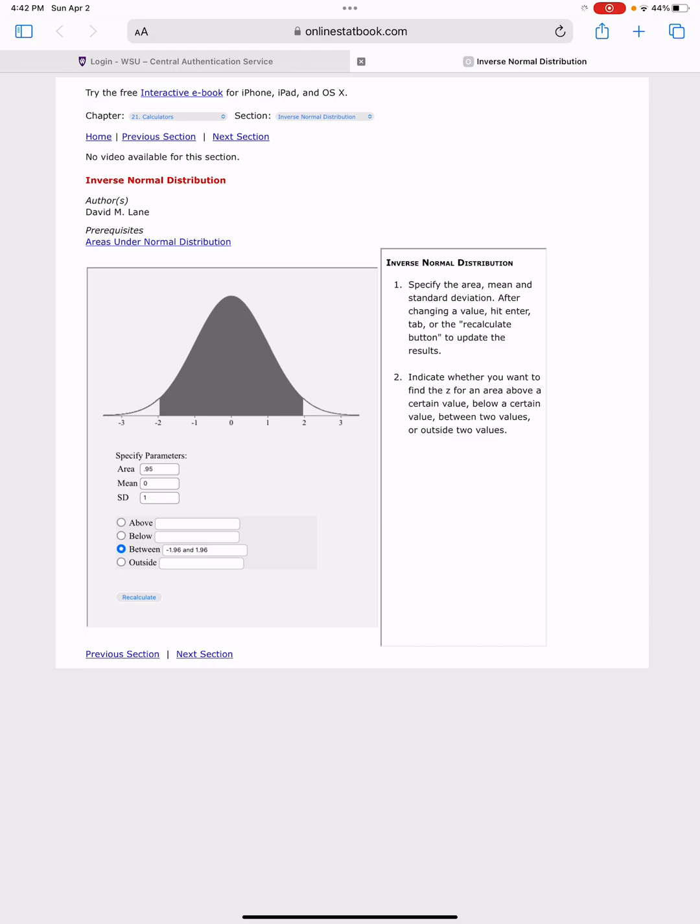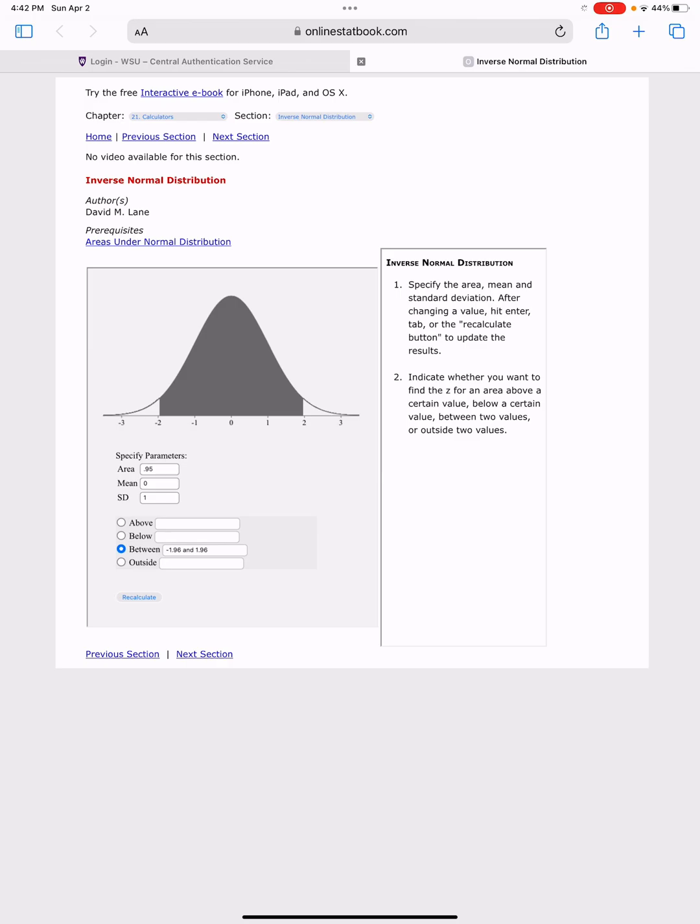So this information is very important. You'll notice that it shaded the middle. 95% corresponds to the area between minus 1.96, almost minus 2 on this graph, and positive 1.96. That's the 95%.